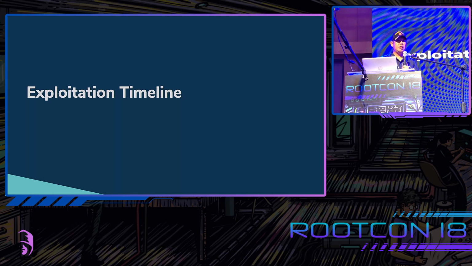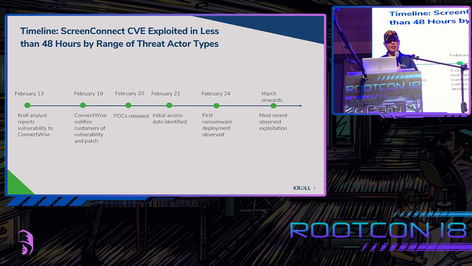So now, it's important to look into the exploitation timeline, because in that way, as I've said earlier, we would have insight into how new vulnerabilities are exploited in the wild, and how fast we need to install the patch as the good guys.